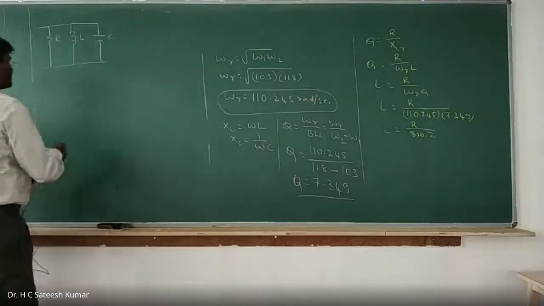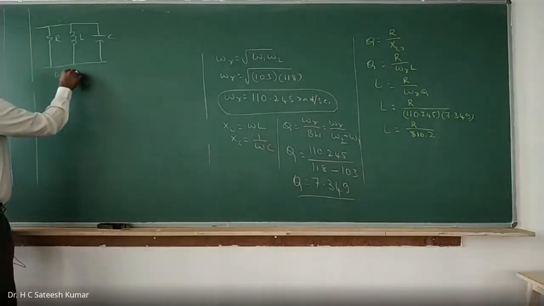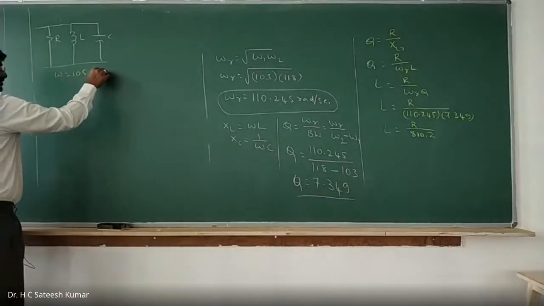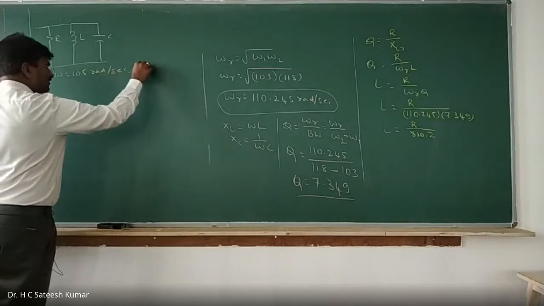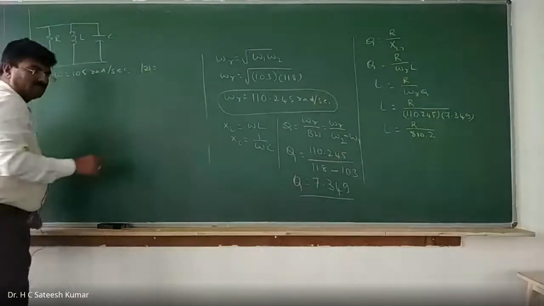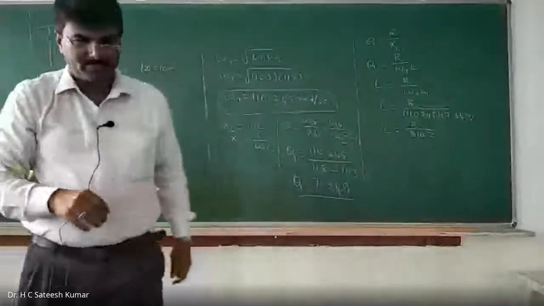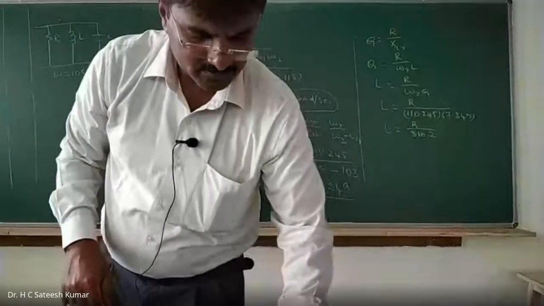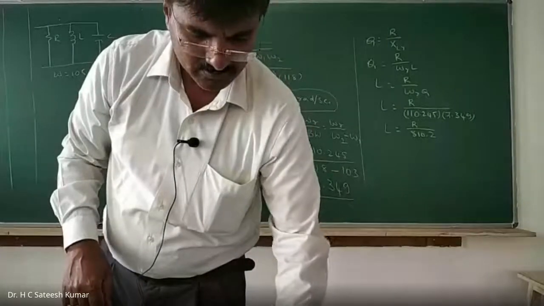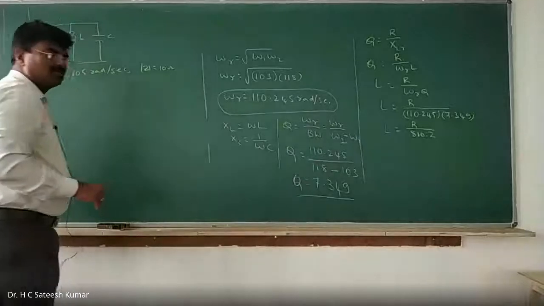He has given the data as at omega equal to 105 radians per second, the magnitude of the impedance is 10 ohms, he said.